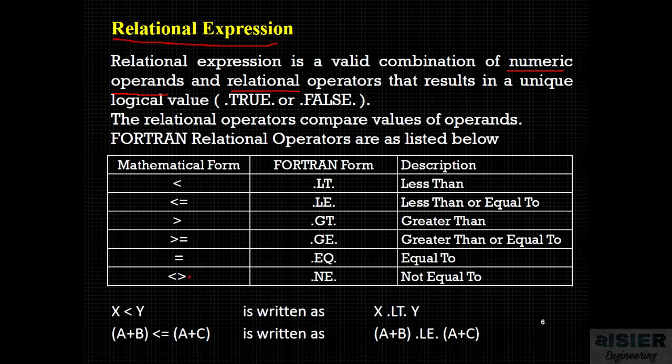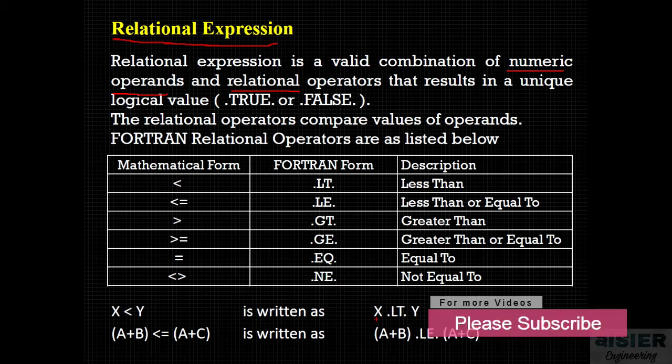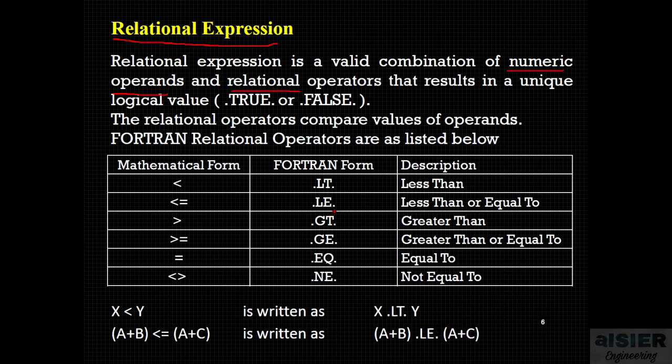But in Fortran, we will write them in this form. If you want to write, say x is less than y, we have to write it like this: x dot lt dot y. Similarly, less than equal to is dot le dot, greater than is dot gt dot, greater than equal to is dot ge dot, equal to is dot eq dot, and not equal to is dot ne dot.